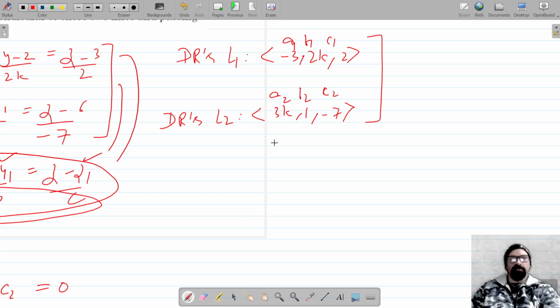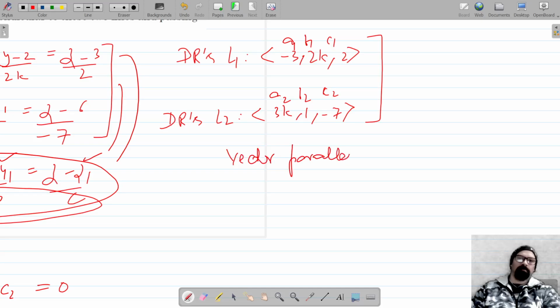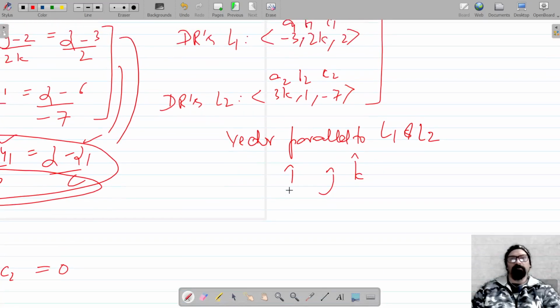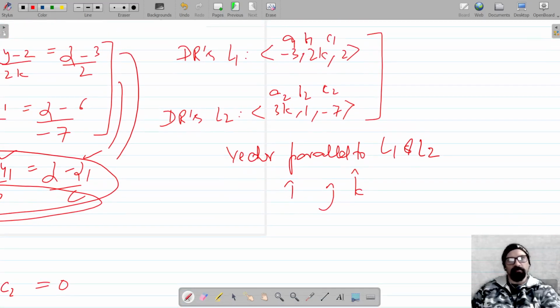The vector that is parallel to the line perpendicular to both is given by i cap, j cap, k cap, and then the direction ratios.